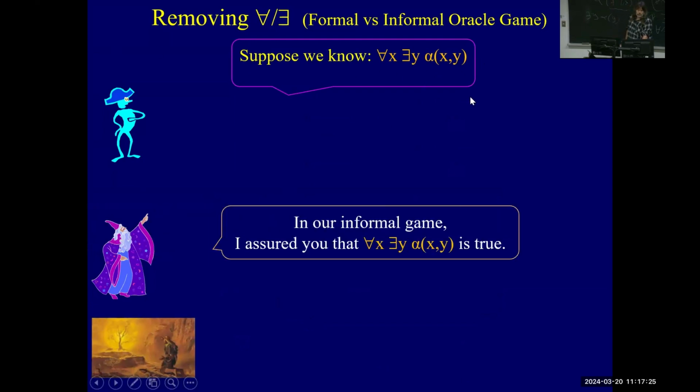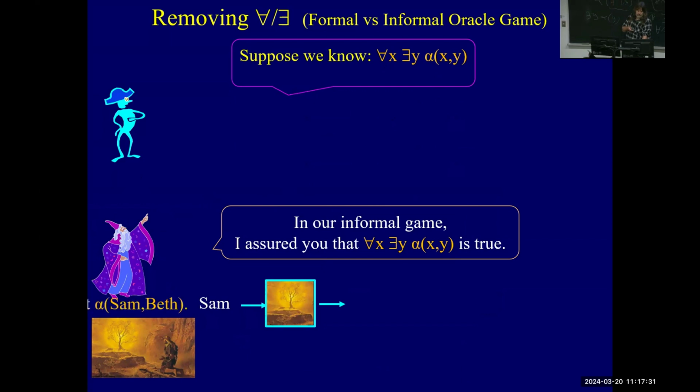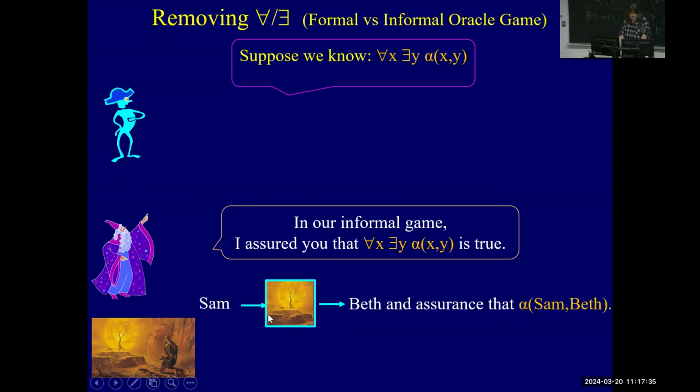Now, more complex, suppose we've proved this already. The oracle's assuring us, right? So how do we play it? Well, she's saying it's true for every x. So you can give, say, what about Sam?